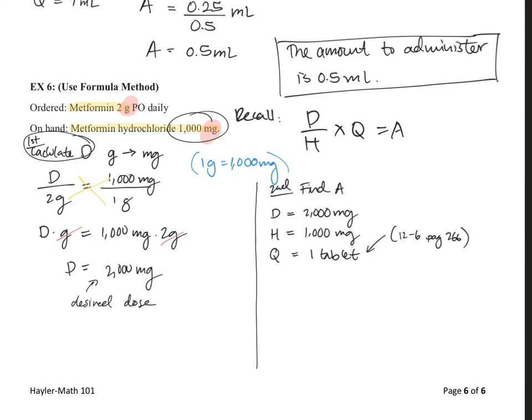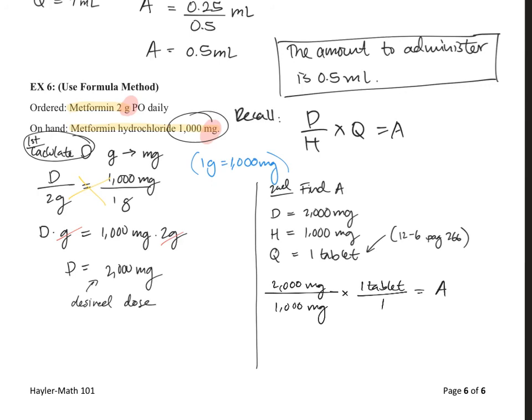So D, which is 2,000 milligrams, the desired dose, divided by what we have on hand, which is 1,000 milligrams, times the unit there, 1 tablet over 1, is going to equal the amount administered.